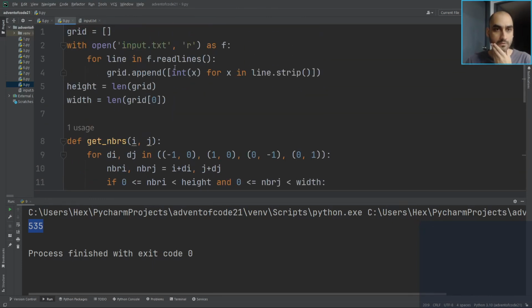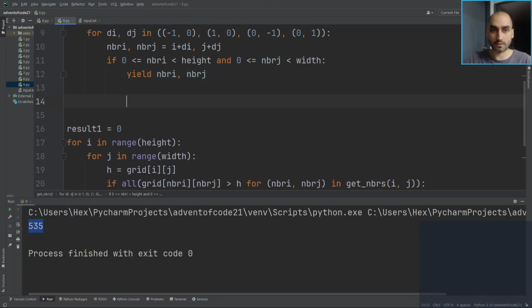Right, so we're going to have to write just like a basic DFS.